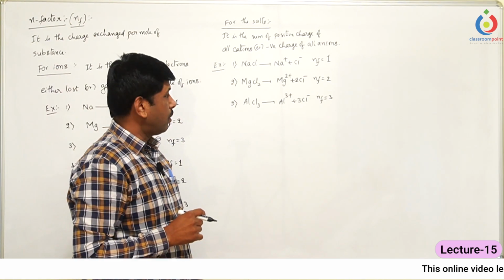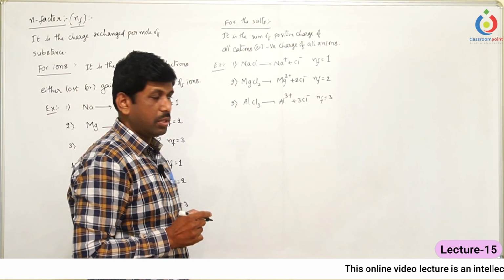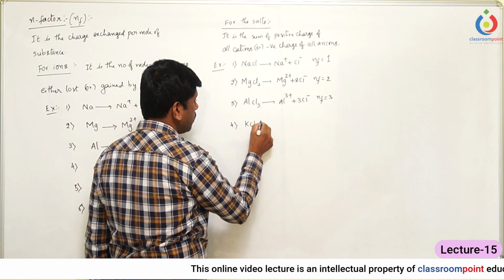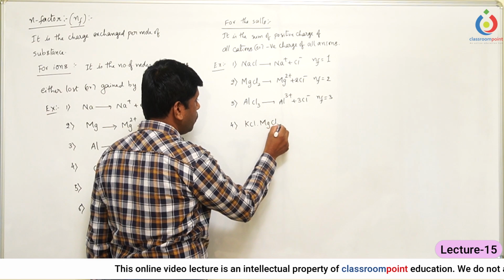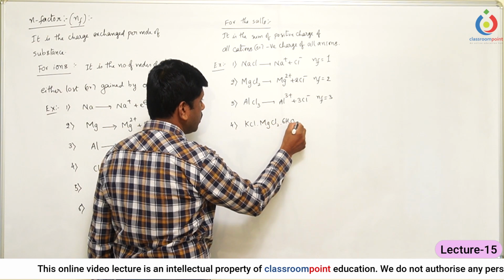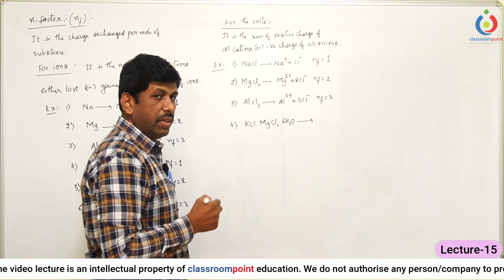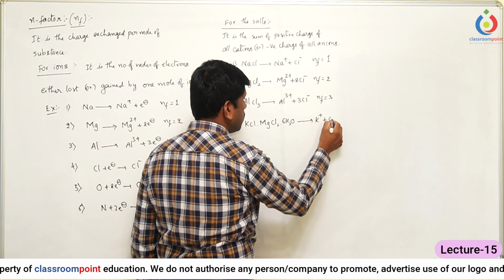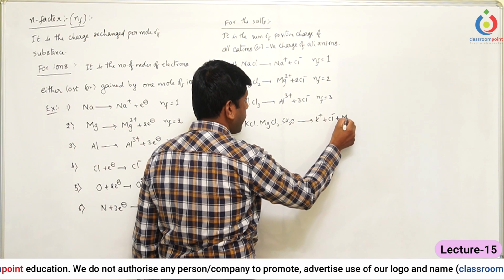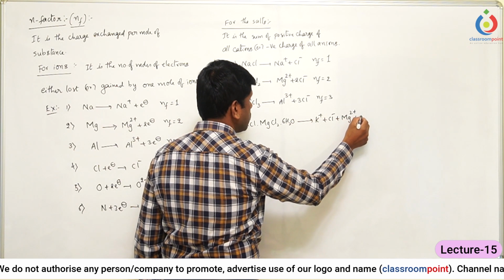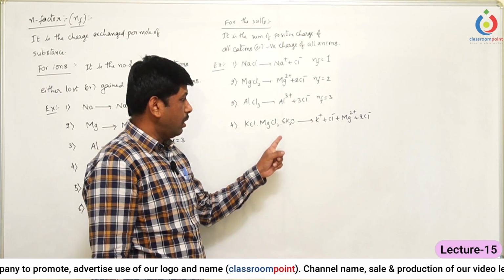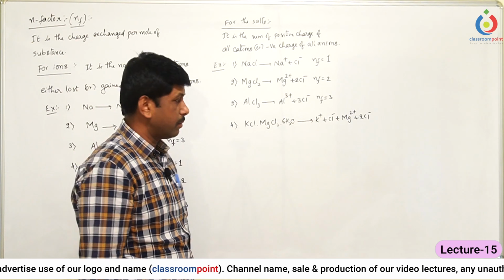So in this case, we have taken simple salts. Let us take double salts. KCl.MgCl2.6H2O, carnallite. If it dissociates, it will produce K+ ions, Cl- ions, Mg2+ ions, and 2 Cl- ions. Water is a covalent molecule here which will not dissociate.